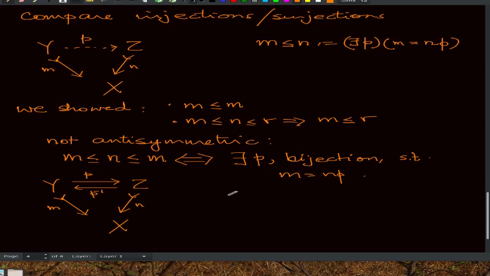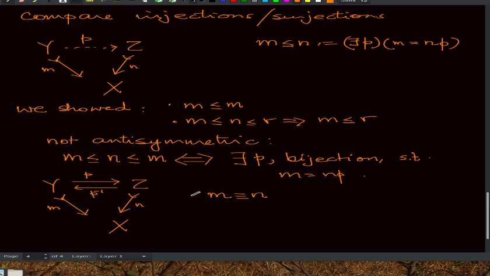And then we said that we will say M is equivalent to N in such cases. Remember we did this. And then we did another trick. And what was it? We considered the equivalence classes.